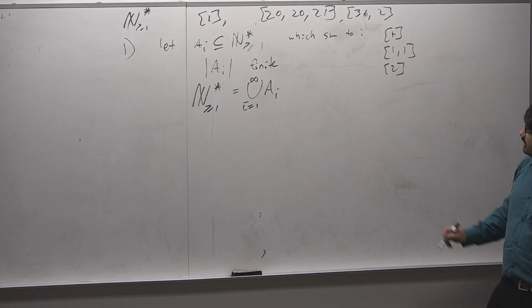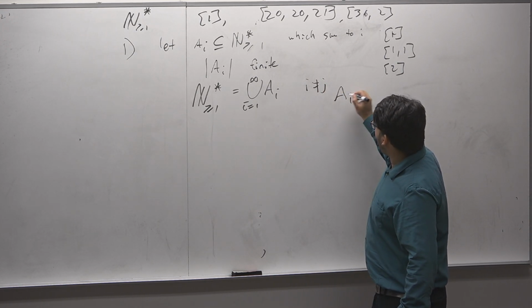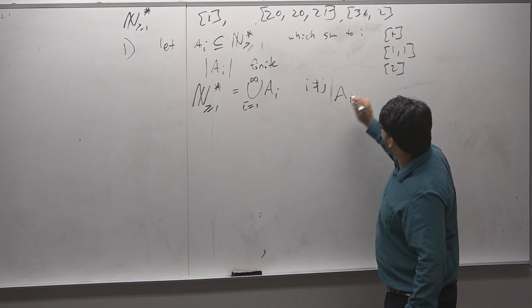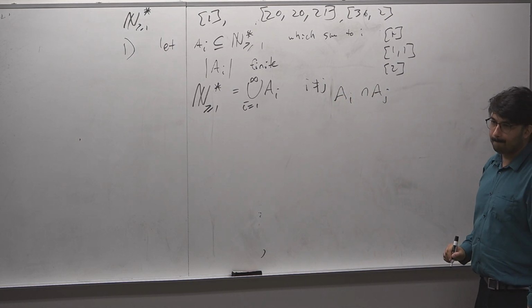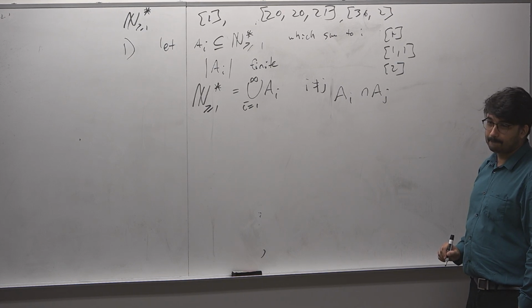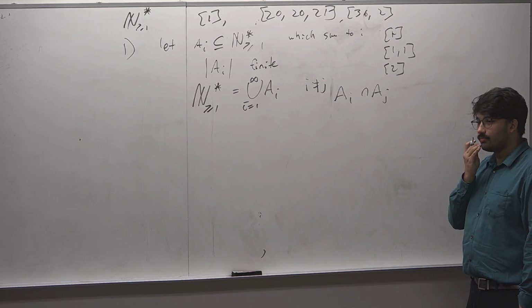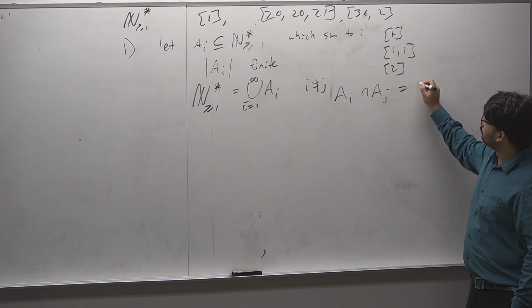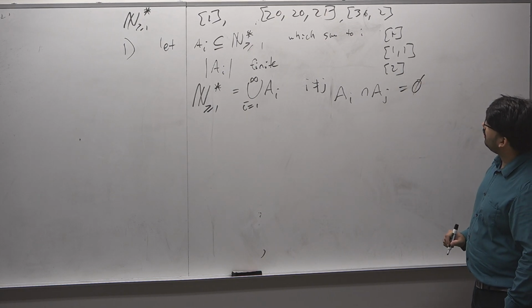And in fact, if I does not equal J, what do we know about A I intersect A J? Yes, there's no overlap. No sequence can sum to 2 distinct things, right?